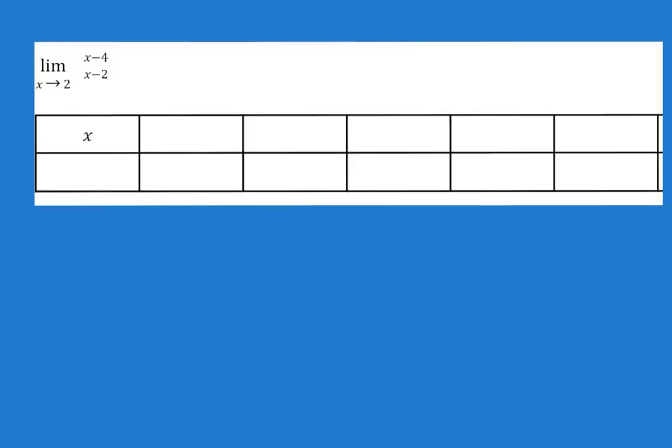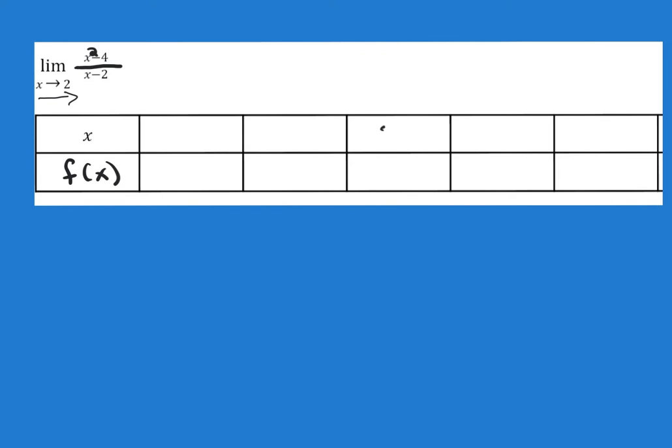All right, now we're going to turn a function into a table of values and then estimate it. For some reason, this is not correct. That's supposed to say x squared minus 4 over x minus 2. And we're going to fill out a table as x approaches 2.